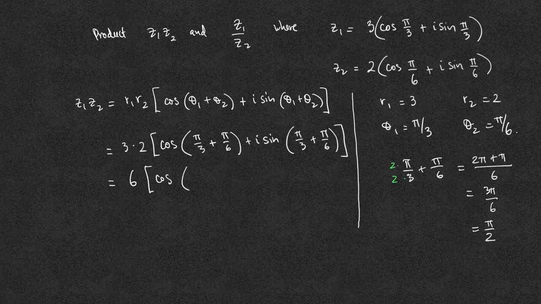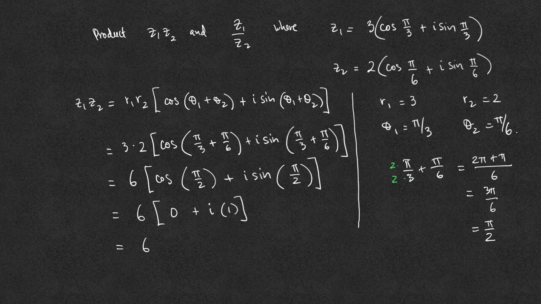Cosine of pi over 3 plus pi over 6 is now cosine of pi over 2, and similarly for sine as well. The argument is now pi over 2. This is 6 times cosine of pi over 2, which is 0, plus i sine of pi over 2, which is 1.